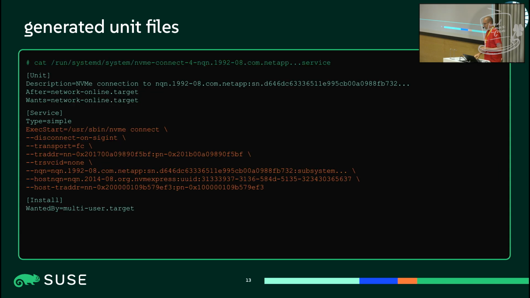Then the next step. Here's the unit file. We have the usual stuff at the beginning, and then we have really just nvme connect. Sorry, the font is a bit dark. Anyway, you have the connect call and the arguments listed directly. As you can see, it's of type simple.